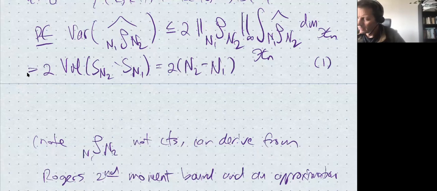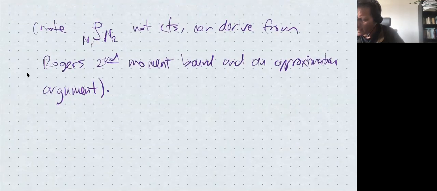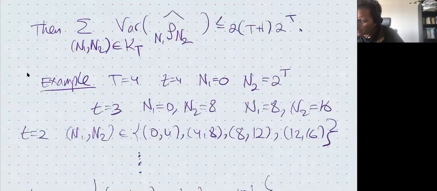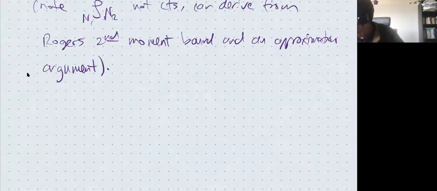Now let's add up just the number of elements in KT. We're trying to prove this inequality here. Let's sum up the inequality that we got over all possible elements n1 and n2 in KT.